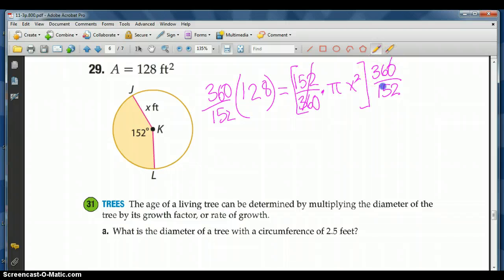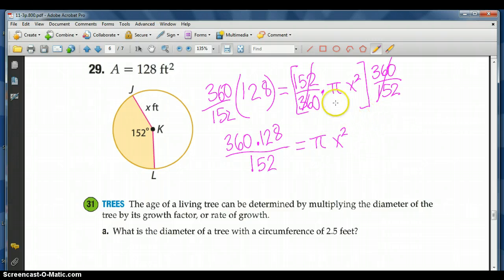And that will cancel on this side. Okay, then I would divide both sides by pi, which is the same as multiplying by 1 over pi.